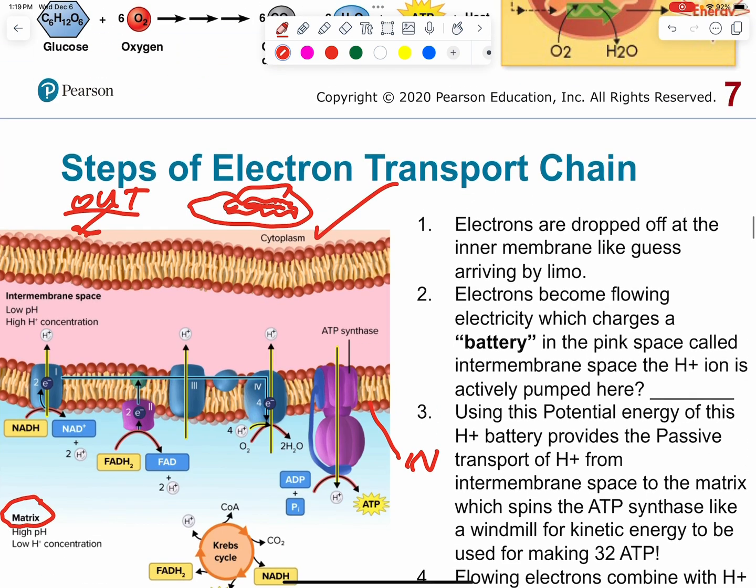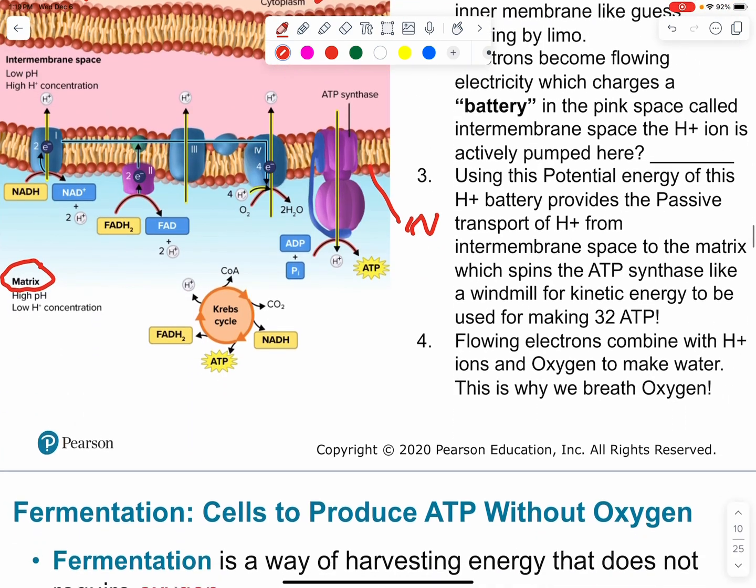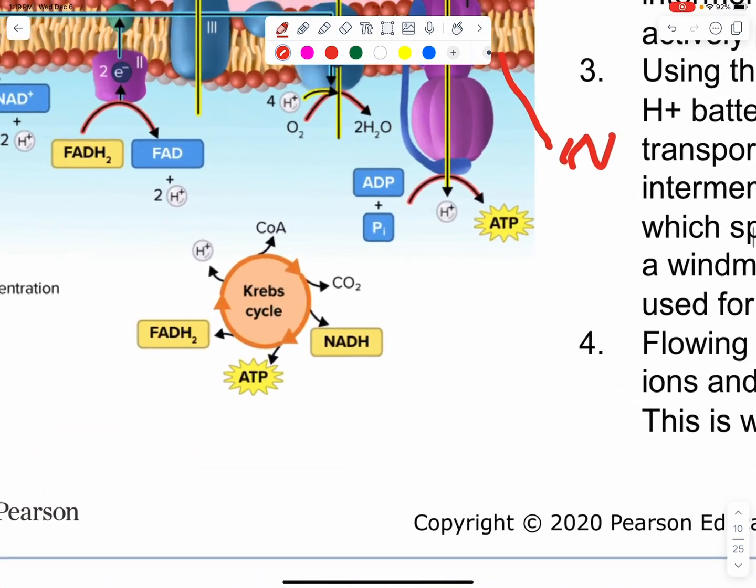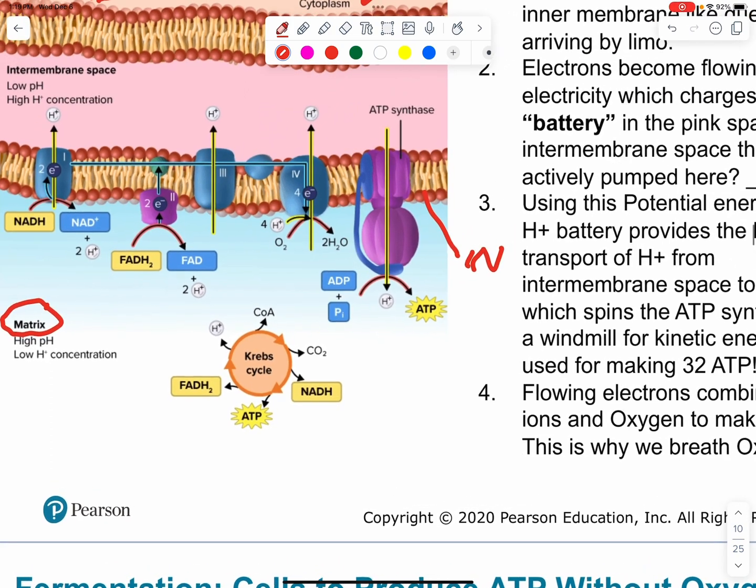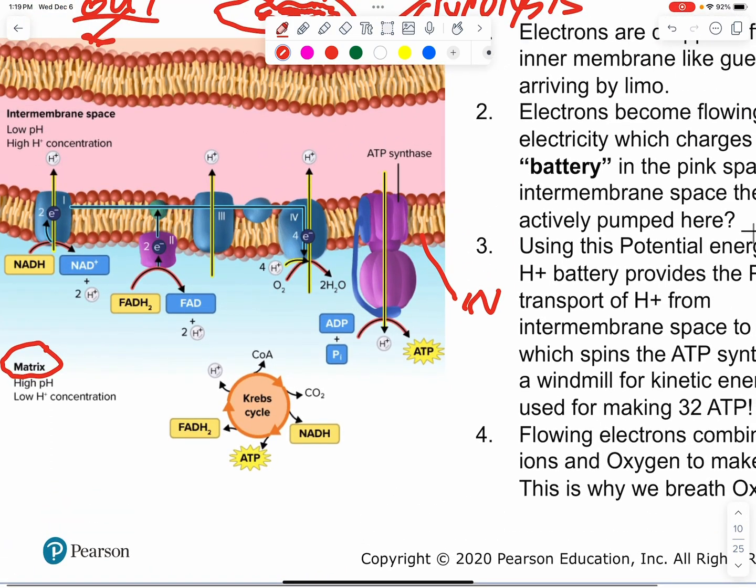Glycolysis happens outside in the cytoplasm. So I'll write glycolysis happens in the cytoplasm. Step 2 that we just finished, the Krebs cycle is in the matrix, but the electron transport chain is in and through the inner membrane of the mitochondria.